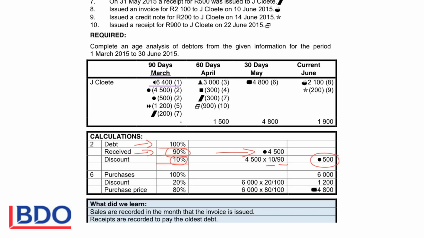So in the debtors analysis, we will show that in March, we sold for 6,400, but we reduced the account with the 4,500 that he paid, and we will also reduce his account with the 500 Rand discount.